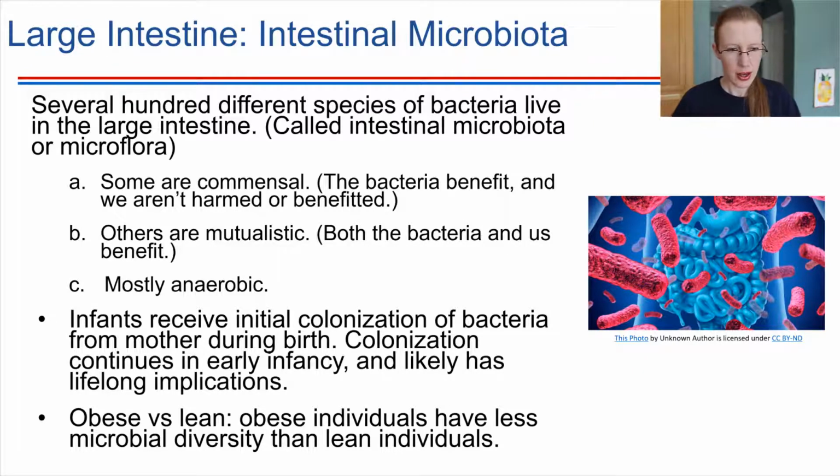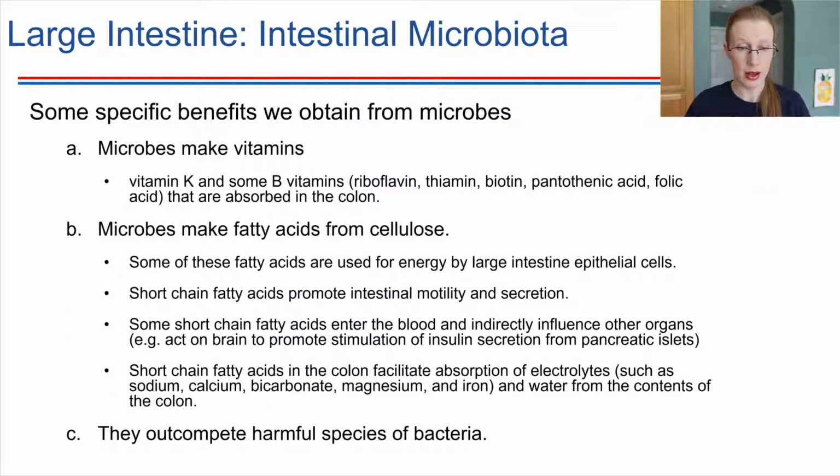Okay, so let's take a look a little bit more here at these microbes. What are some things that they are doing for us? What do we know about them? Some of the primary benefits that we obtain from these microbes is that they make vitamins that we can then absorb. These microbes are able to digest things that we cannot. They have enzymes that we do not have in our brush borders.